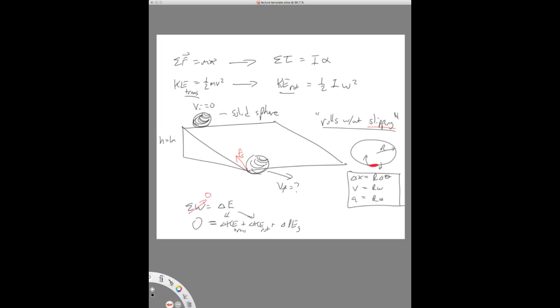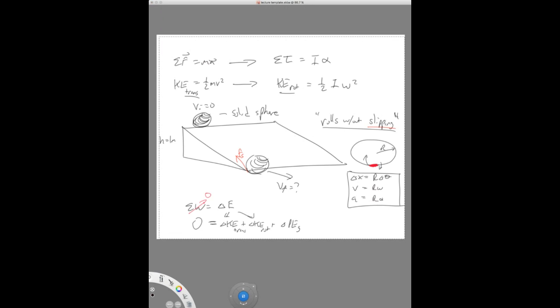Okay, so I need to just modify my page here a little bit. And we're going to move on to the next page. So we have 0 equals KE translational. Let's use a T. Let's be very careful about our notation.